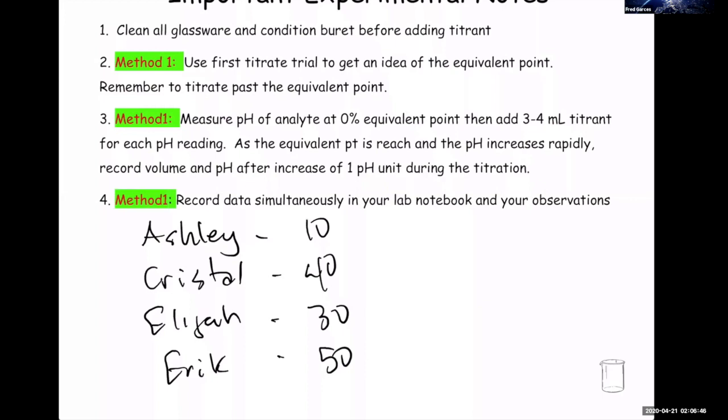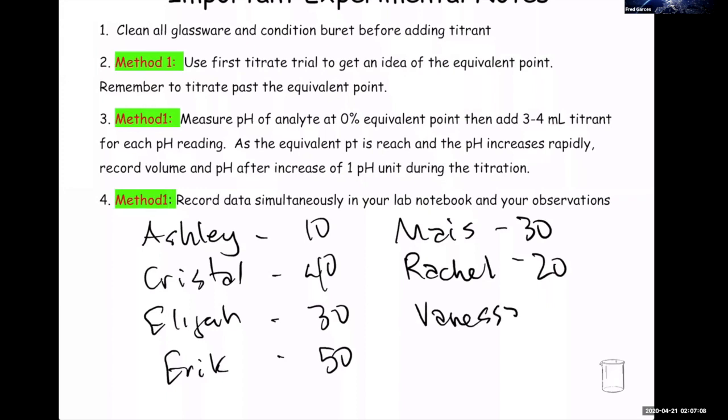Who else am I missing? Let me see. Check real quick. Oh, Mace, you are assigned number 30. Rachel, you are assigned number 20. And Vanessa, you are assigned number 40. Okay. I don't have Emma here, but if Emma's around, she's unknown number 10.